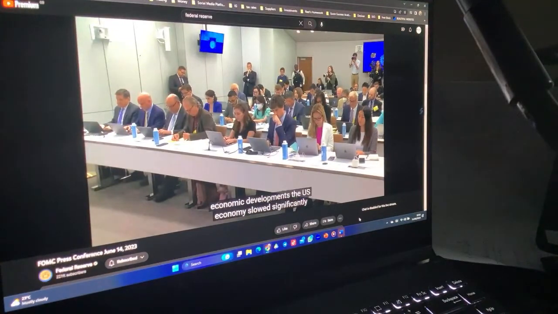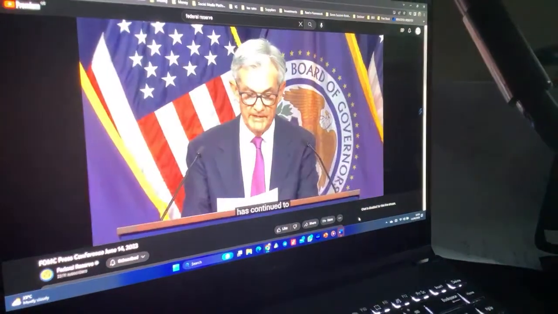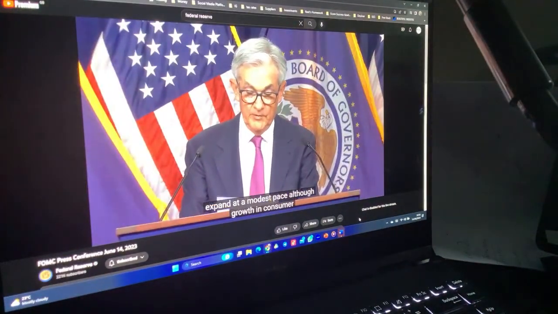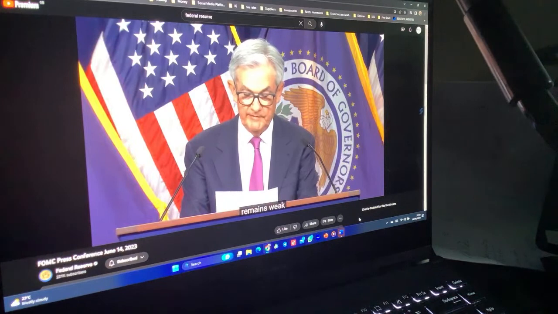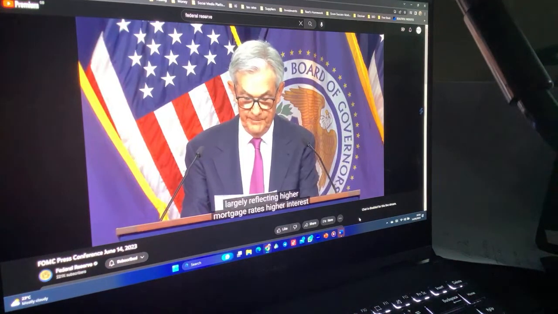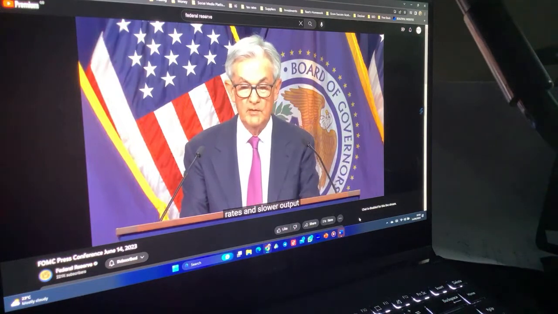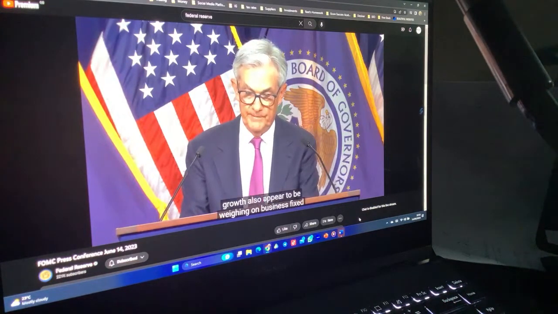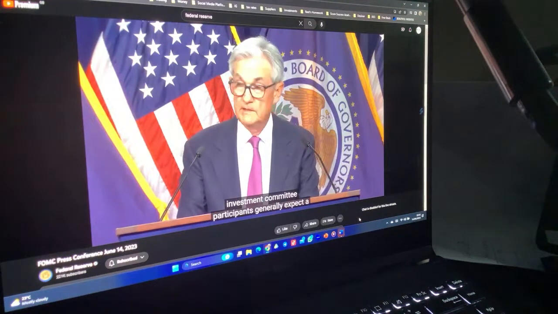The U.S. economy slowed significantly last year, and recent indicators suggest that economic activity has continued to expand at a modest pace. Although growth in consumer spending has picked up this year, activity in the housing sector remains weak, largely reflecting higher mortgage rates. Higher interest rates and slower output growth also appear to be weighing on business fixed investment. Committee participants generally expect subdued growth to continue.